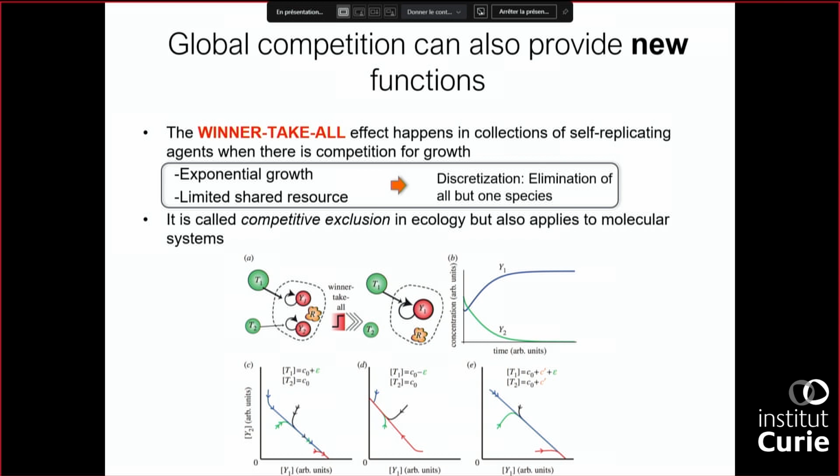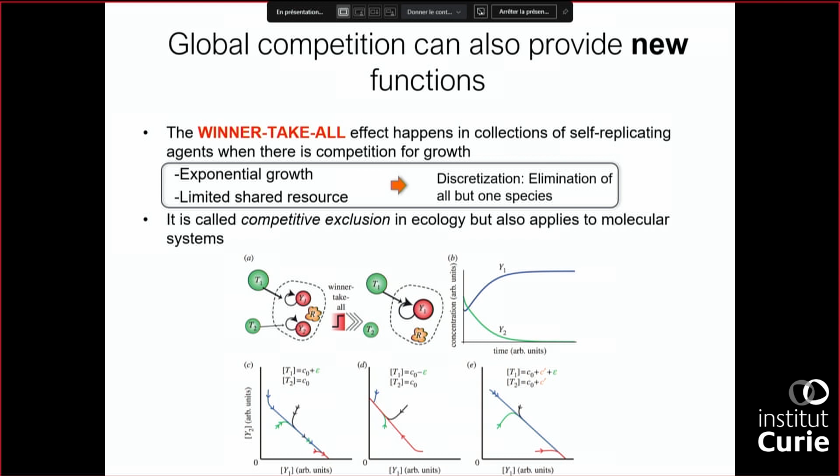It's called competitive exclusion: the idea that within one niche, you cannot have at steady state more than one particular species. The one that grows faster will, in the end, completely eliminate the other one. Asymptotically, you cannot maintain diversity in this situation, in simplified situations, which is of course not what is observed in real ecosystems. But that's another point.